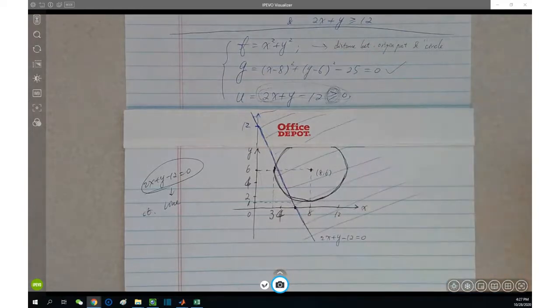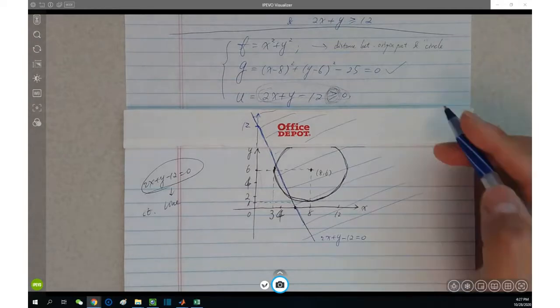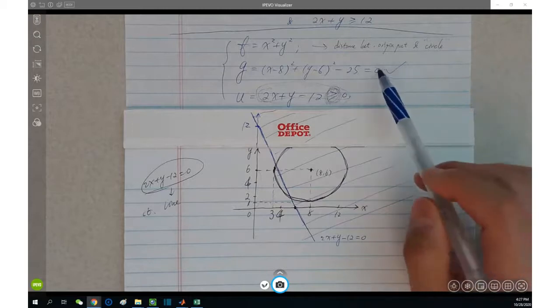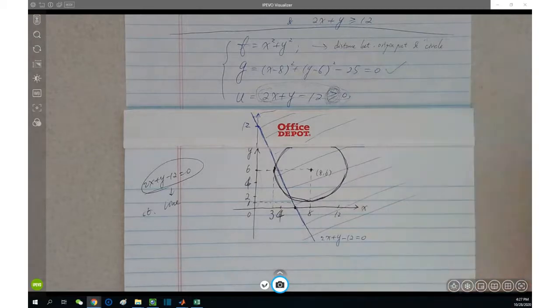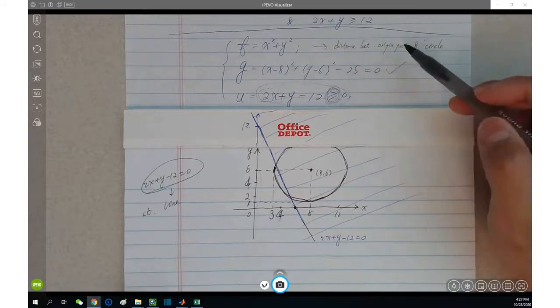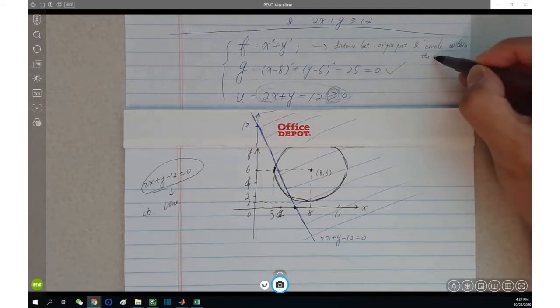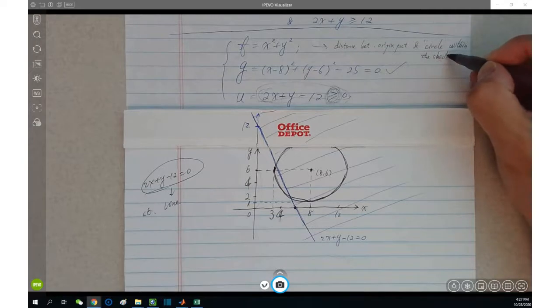So inside of this shade area, and also there must be on the circle. So here we should say the distance between the origin point and the circle within the shaded area.